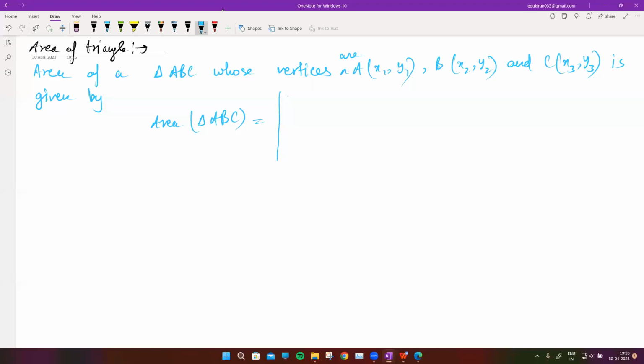Now, how to form this formula? You write your points x1, y1, x2, y2, and x3, y3, and make the third column as 1.